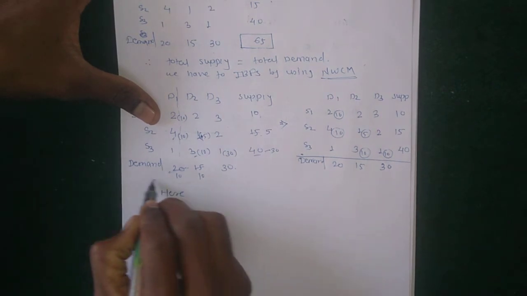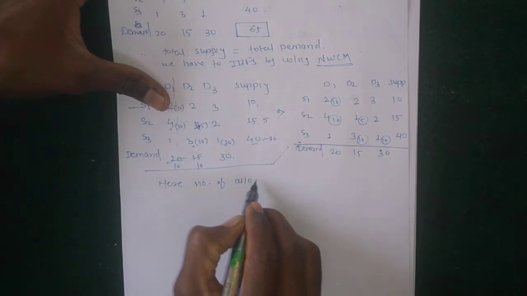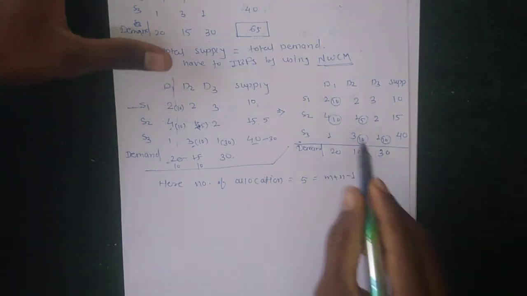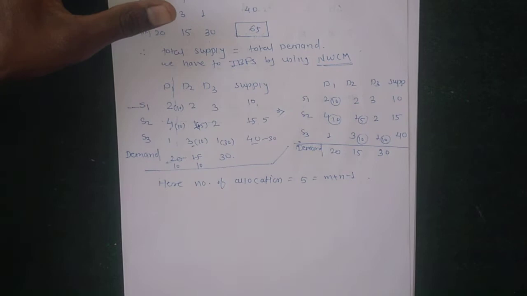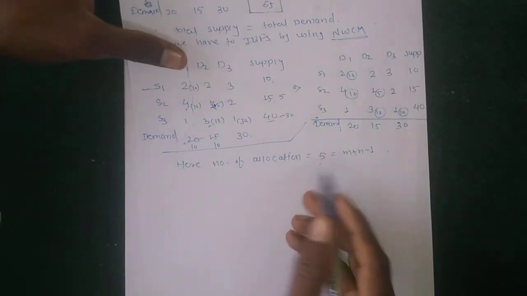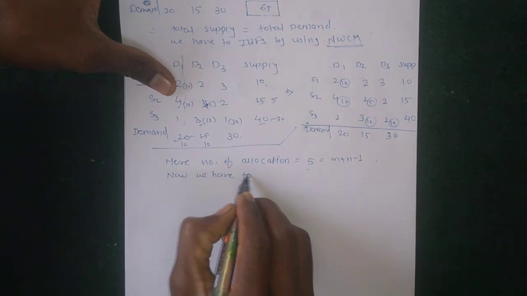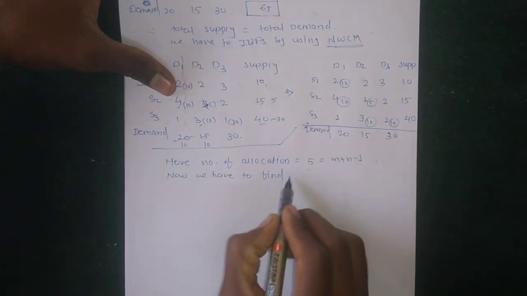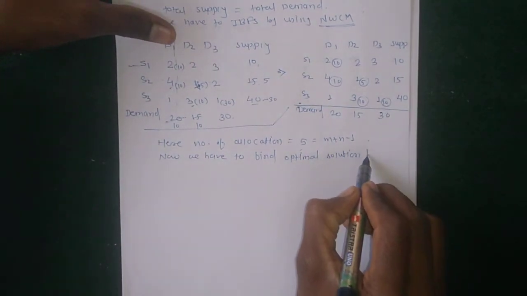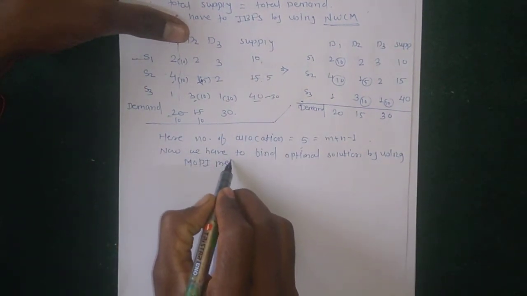This is equal to m plus n minus 1, because the number of rows and columns are both 3, that is 6 minus 1 equals 5. Now we have to find the optimal solution by using the Modi method.